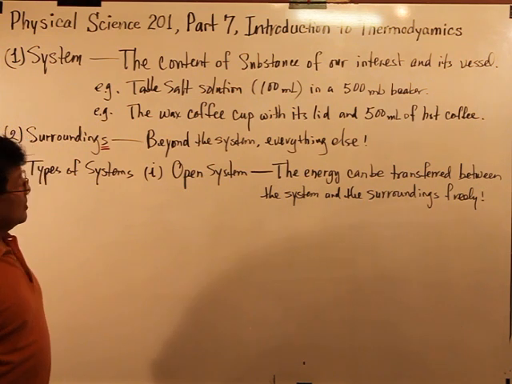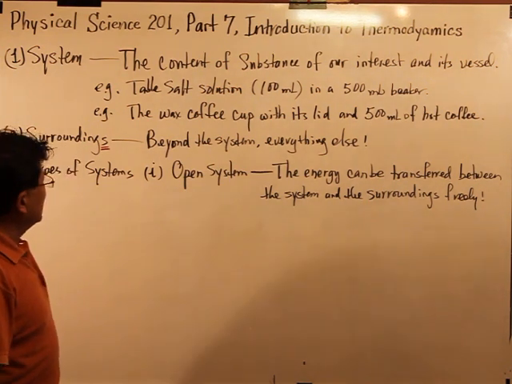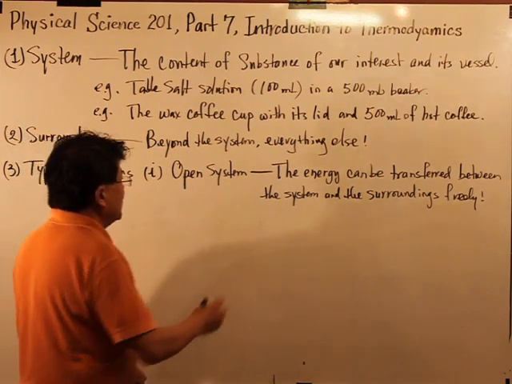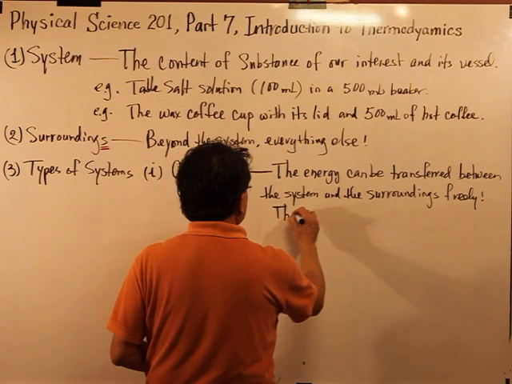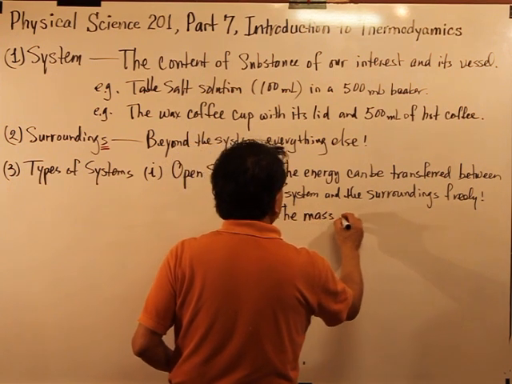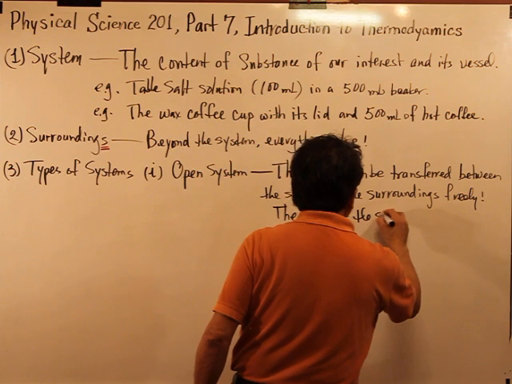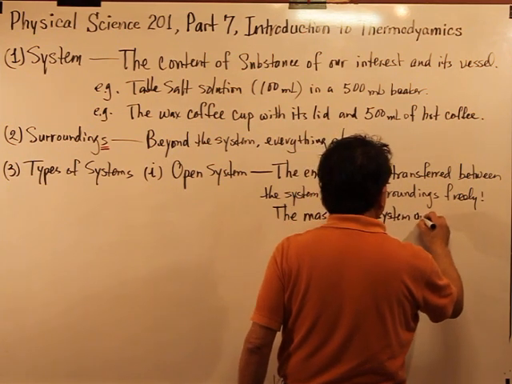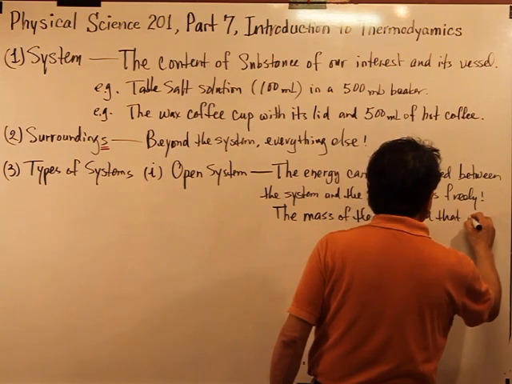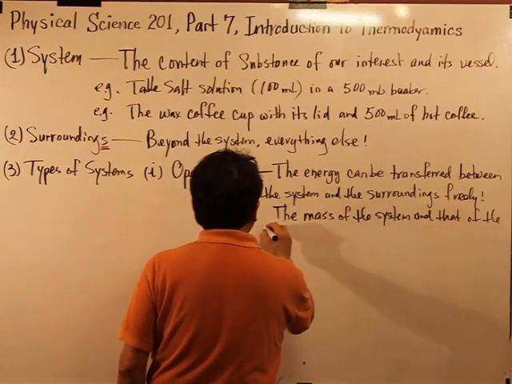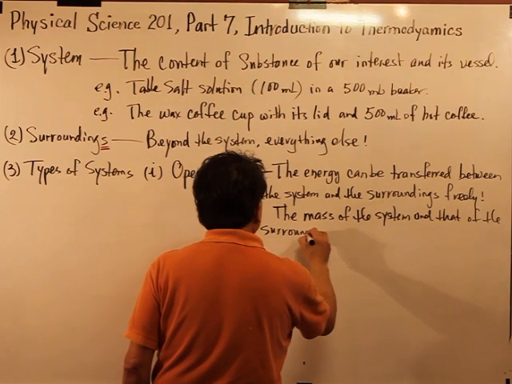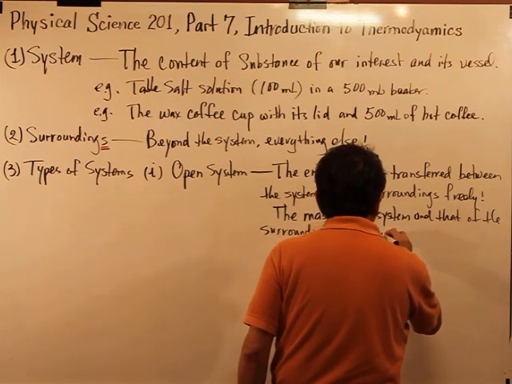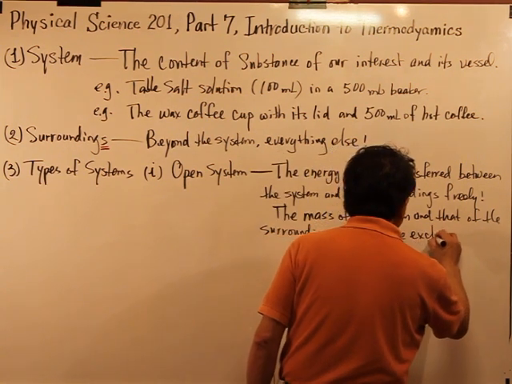You say yes or you say no. You probably say yes, but I'll say no. Because why? Because too much is involved, right? The energy can be transferred freely, and then the second term, the mass of the system and that of the surroundings also can be exchanged, no problem.